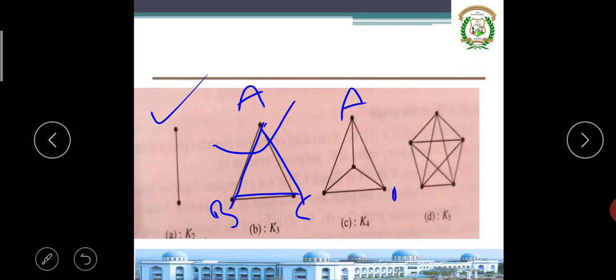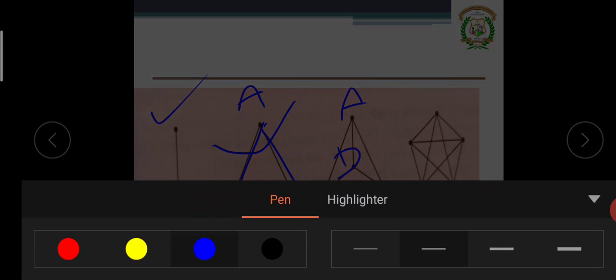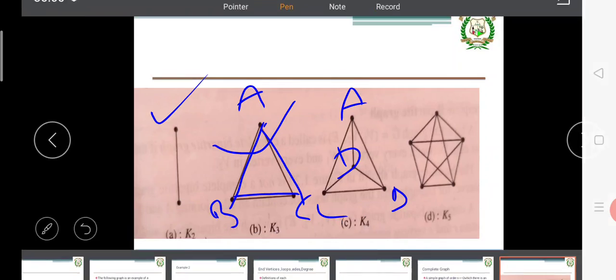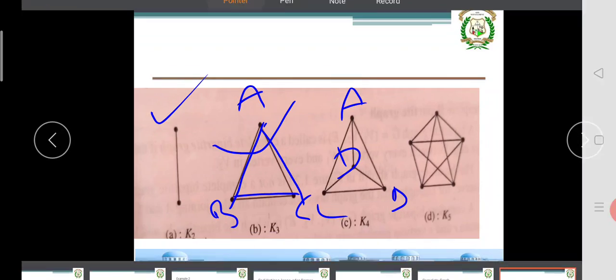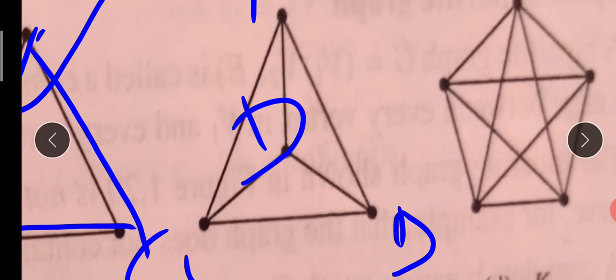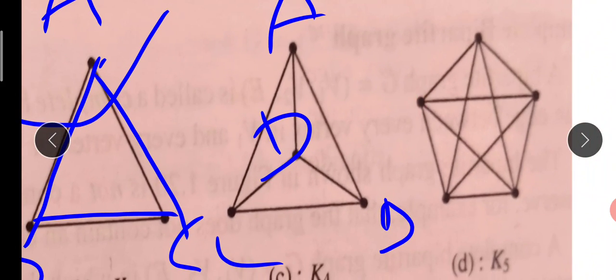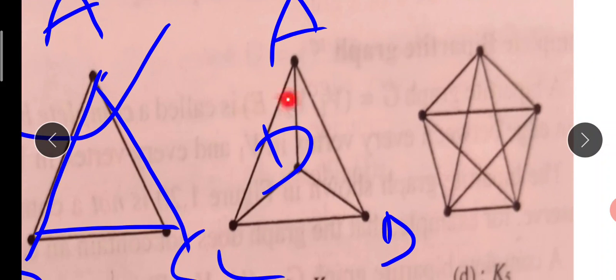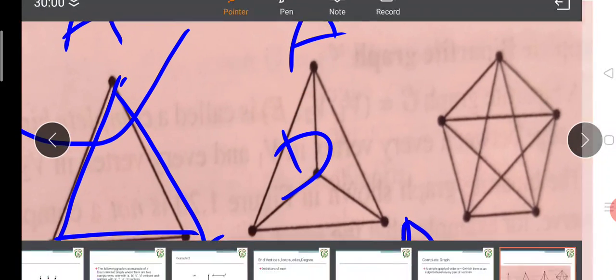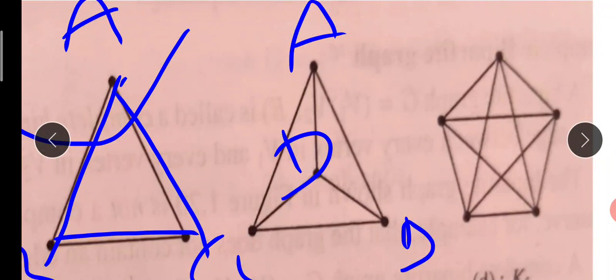A, B, C, D. Carefully watch this and come to a conclusion. This is D. Carefully observe this. A to D, there is an edge. A to B, an edge is there. A to C, an edge is there.